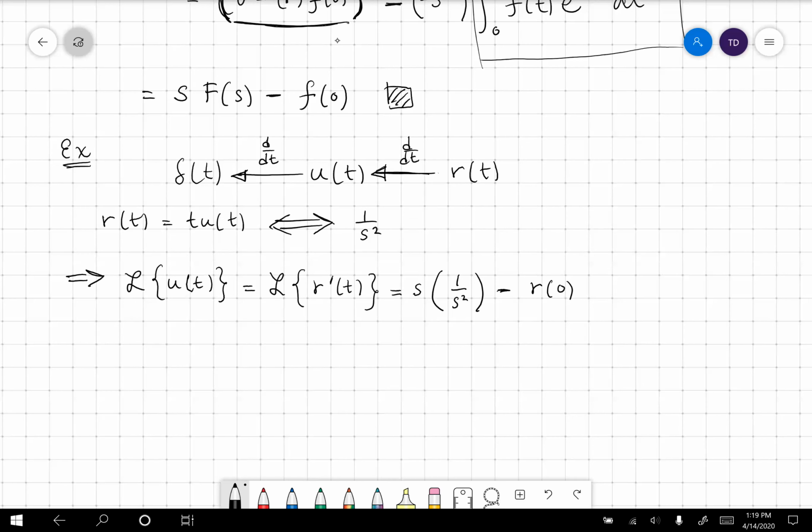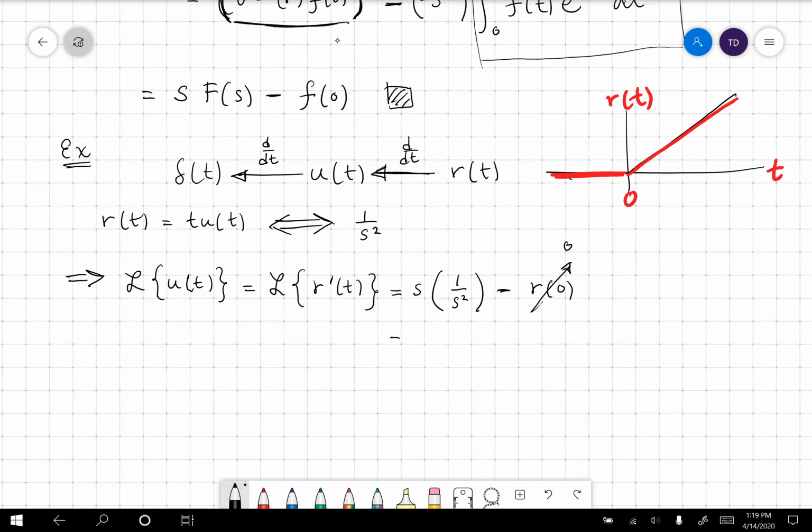What's the value of the ramp function when t is equal to 0? Zero. Good.